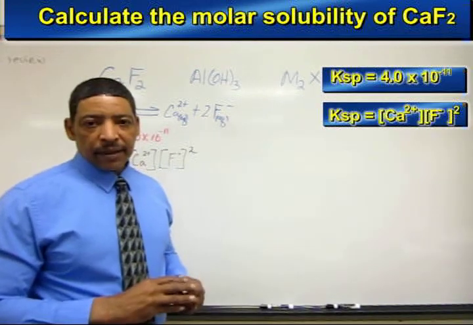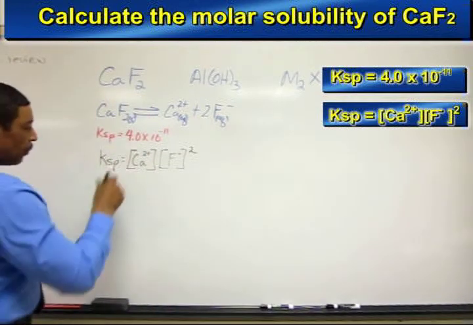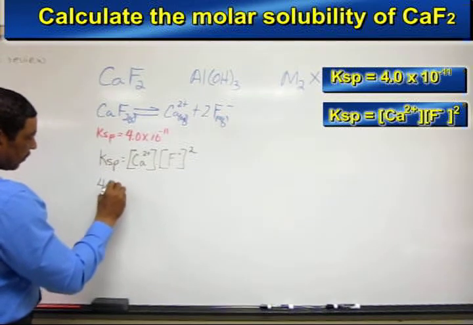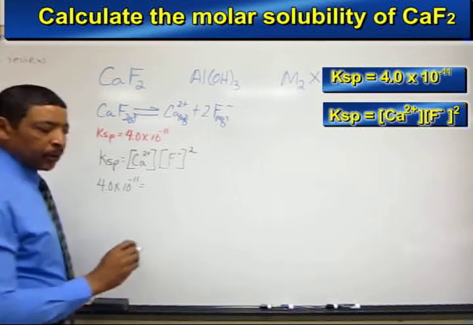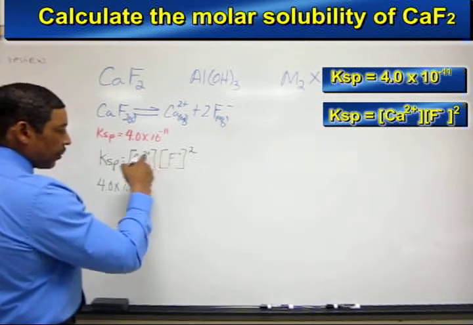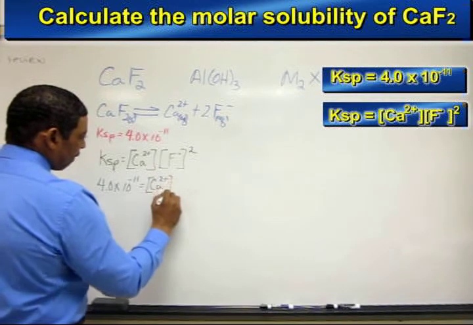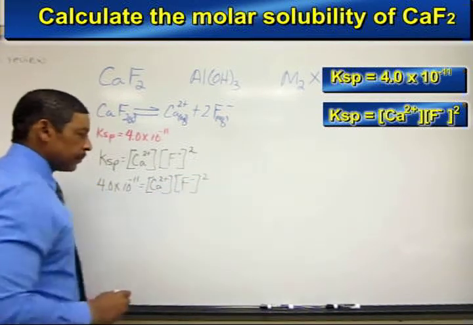Now we're all set. Simply now insert the actual value for Ksp and set that equal to the concentrations of the ions. Okay, simple.